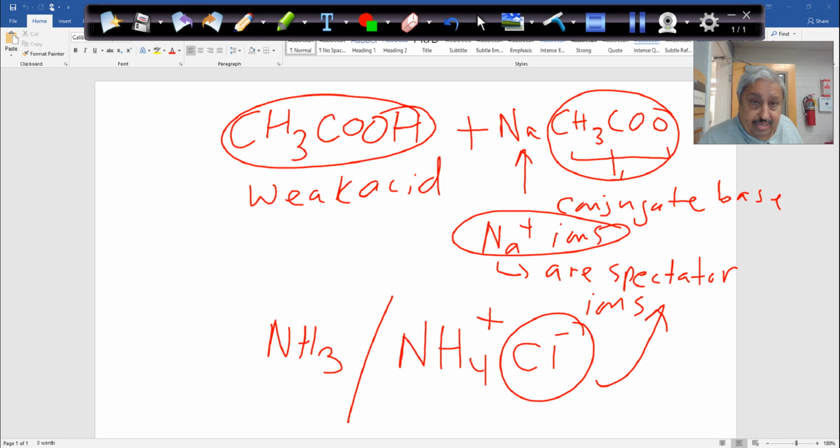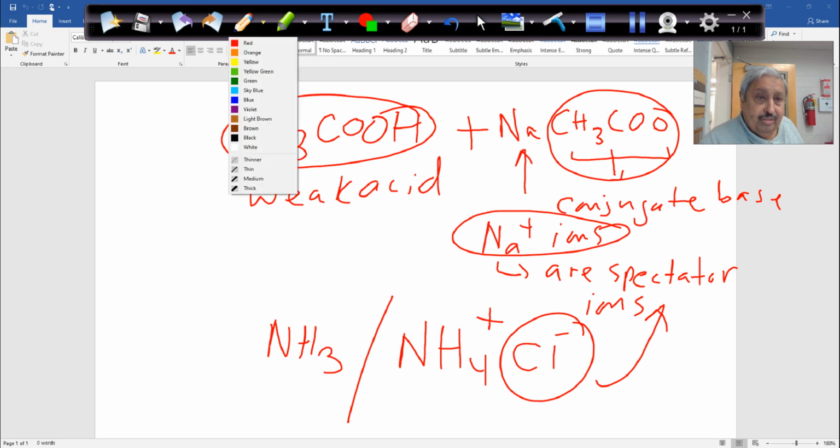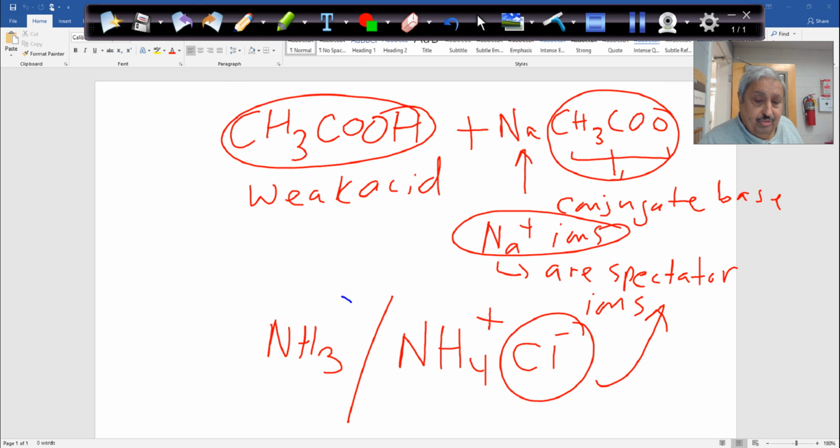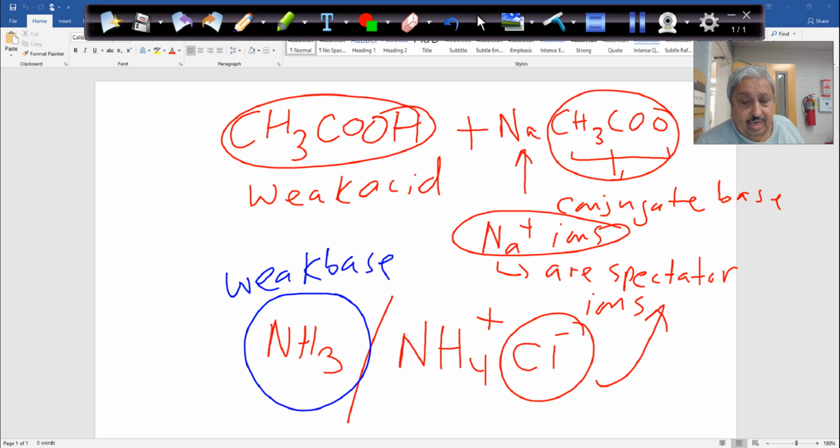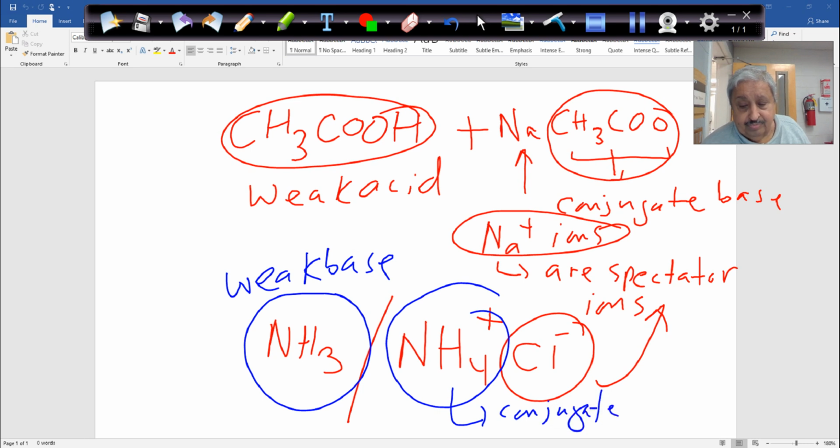The buffer is made of both the weak base, ammonia, and this, the conjugate acid of the base, correct?